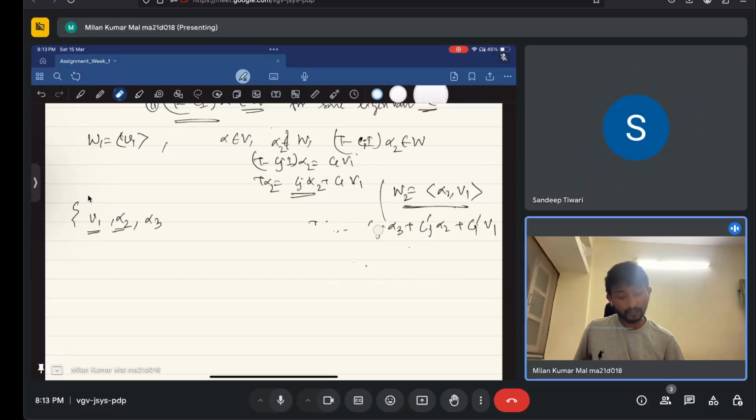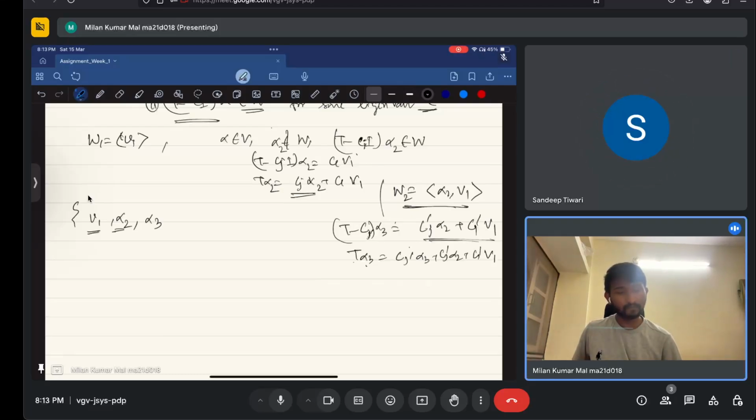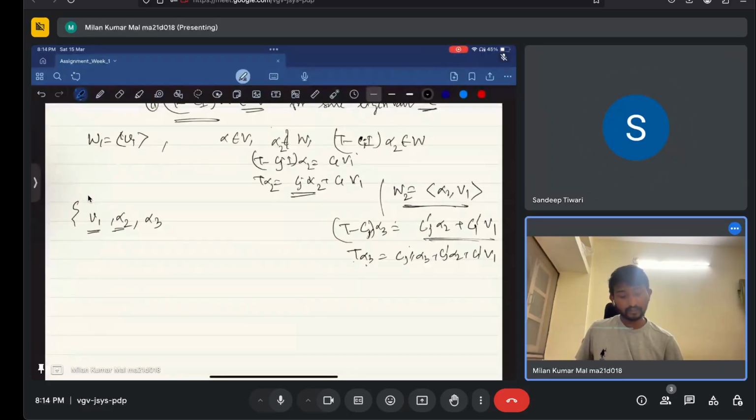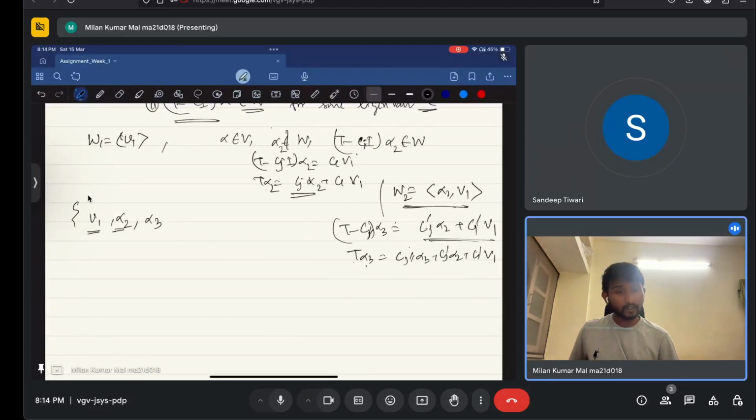So that is what I have written directly: Cj' alpha 3 plus Cj' alpha 2 plus C1' V1, something like this. Some constants may repeat, but to make things different we can write Cj double dash. So this is the thing, and I have got alpha 3.